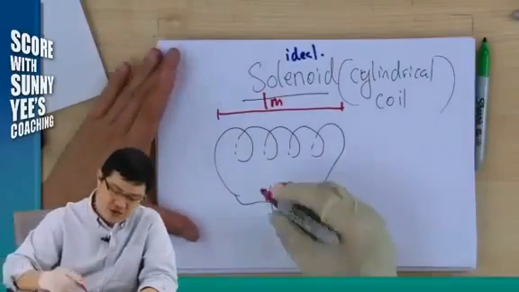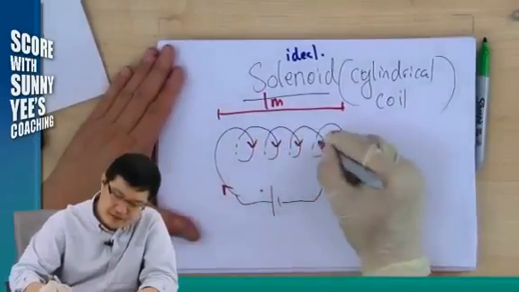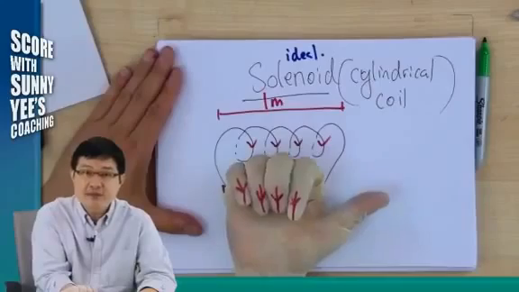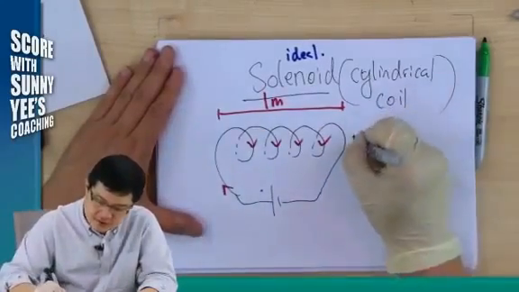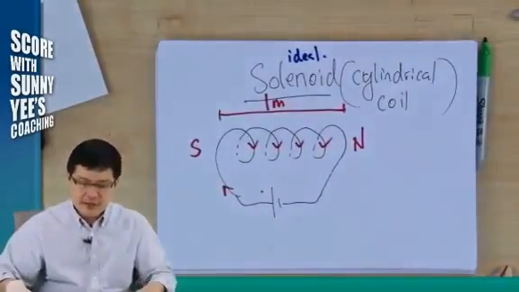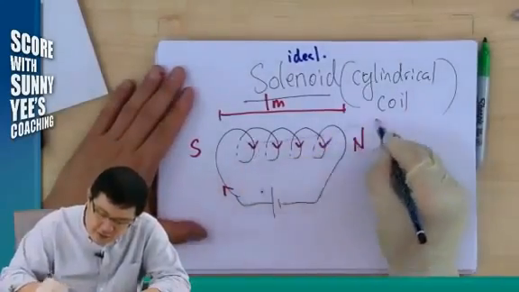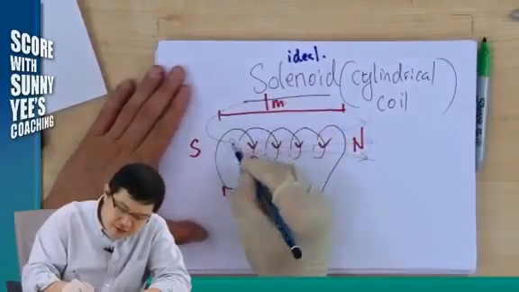So if I trace the current from positive, like that, by using your right hand grip, going down, this is north, this is south. When I say north and south, all the magnetic field will go like that and come back.